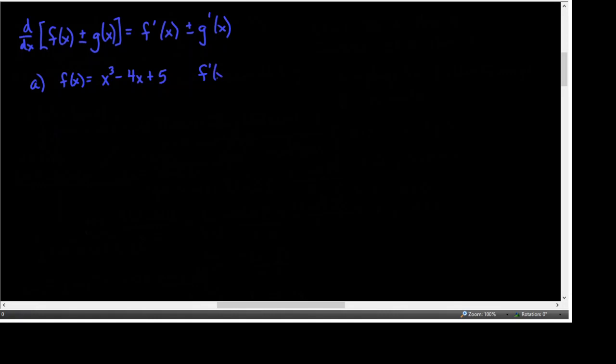In the first case, we're going to use the power rule and bring down the power 3 and reduce the power by 1 to 2. Then we can use the constant multiple rule: minus 4 times the derivative of the function behind it, x. The derivative of x is 1, plus the derivative of a constant is 0. And that simplifies to be 3x squared minus 4.